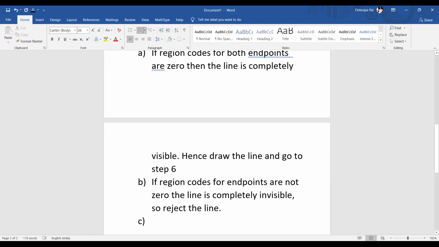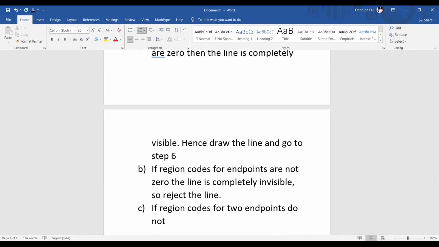And now, what is the third condition? If the region codes for the two endpoints do not satisfy the conditions, then what will happen? The line is partially visible.